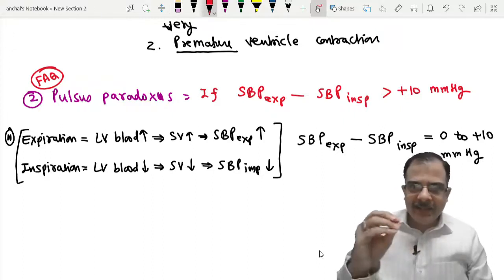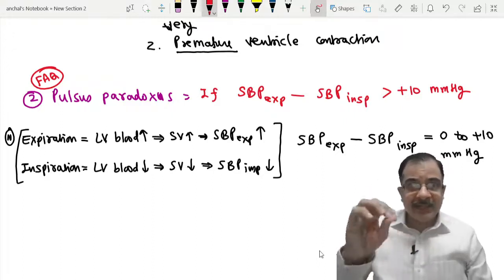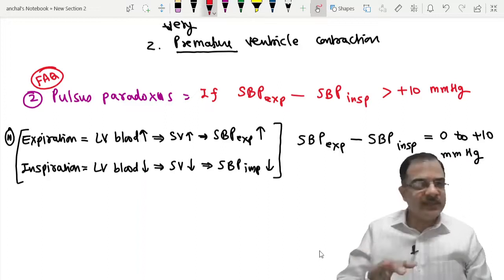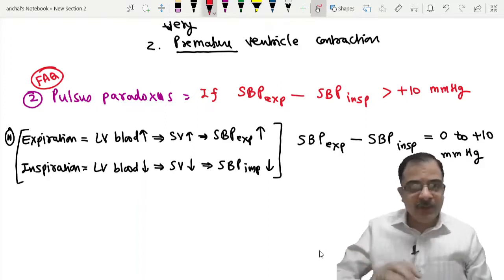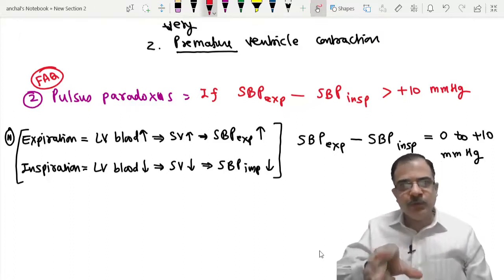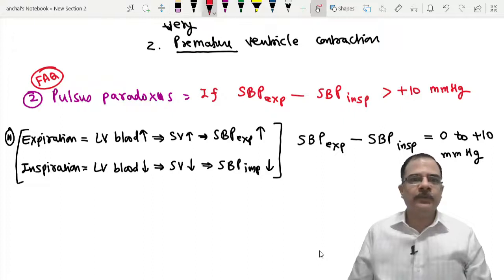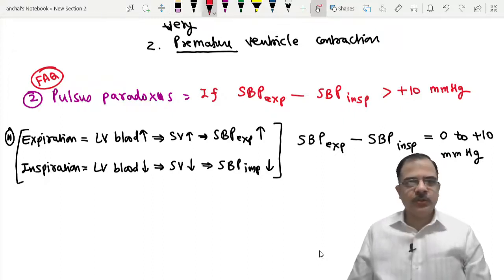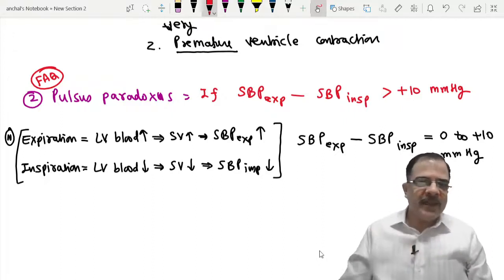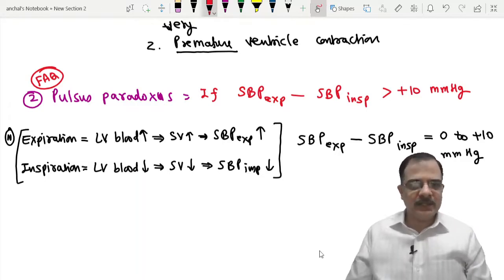It is mainly appreciable in BP rather than the pulse. It can be seen in the pulse, no doubt, but it should be very severe. So mainly it is assessed in the blood pressure rather than the pulse. Both words are slightly wrong, but still it is used. So when will this difference be more than plus 10? We will apply simple mathematics here.